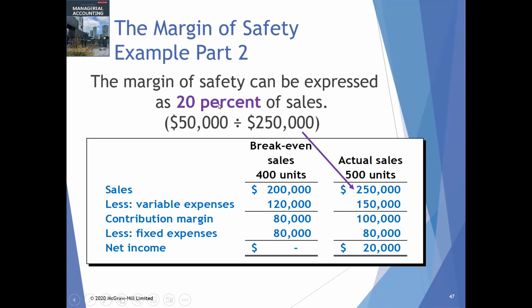So it means 20% of the sale. 20% of the sale of 250,000 is 50,000, right? And we have a profit of 20,000. Look at this.